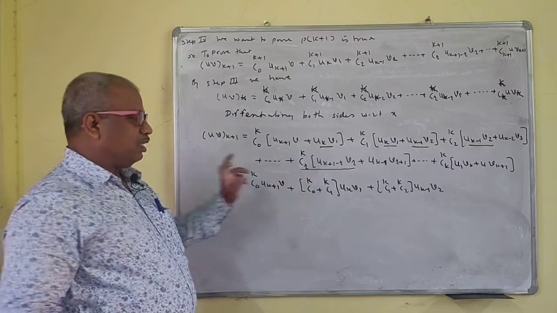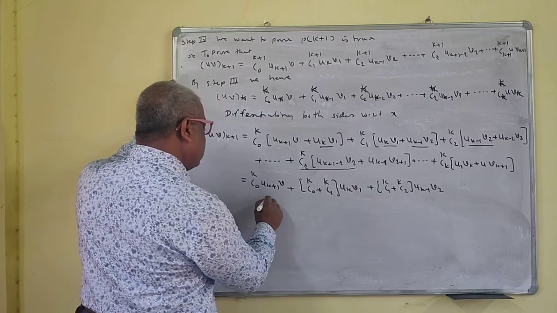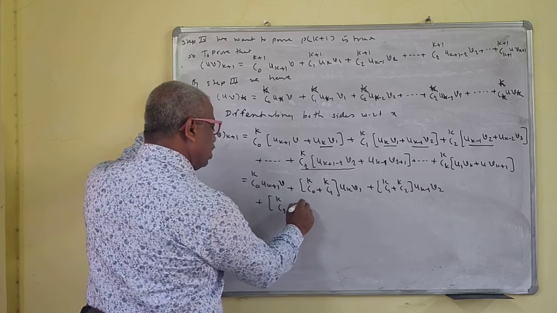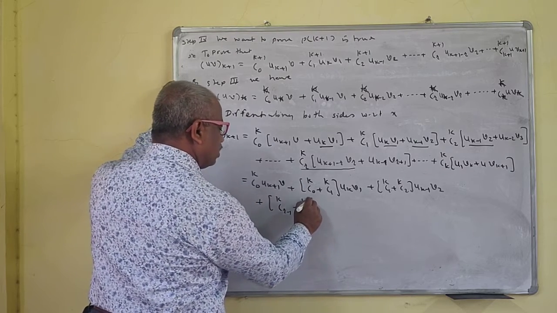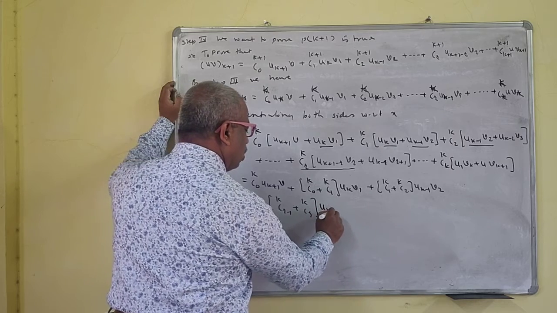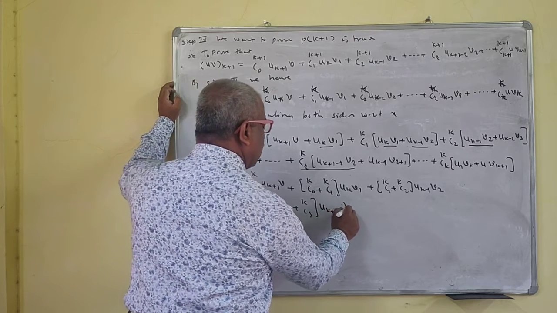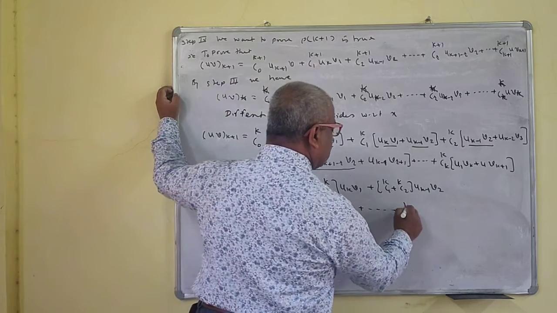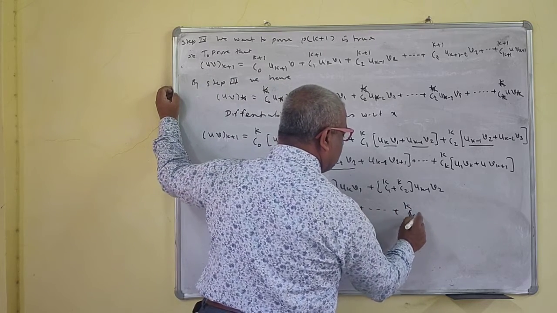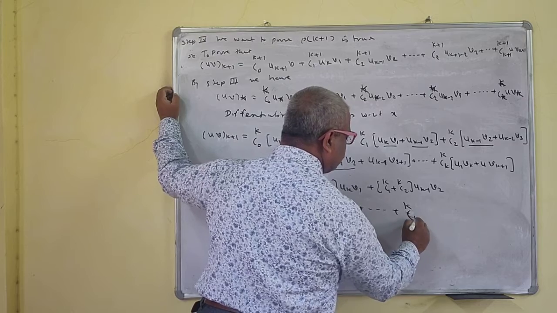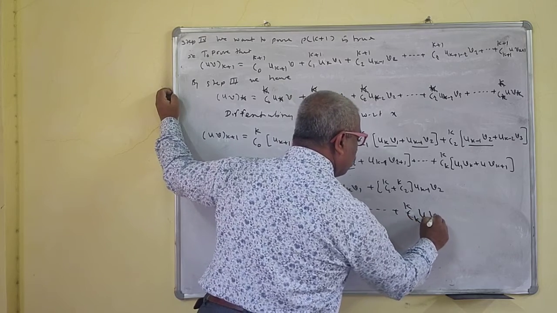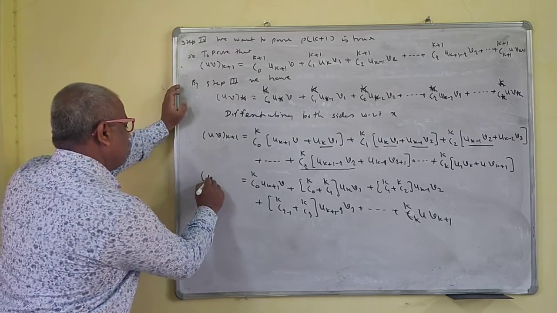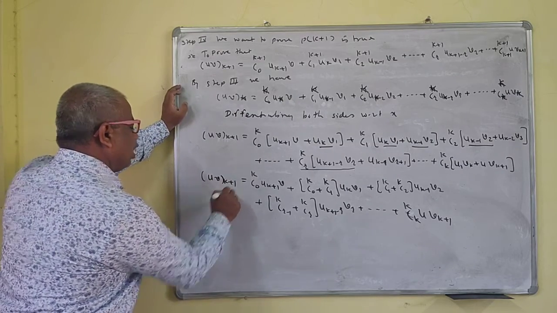So just the previous one, this will be there. The previous one is kcr minus 1 plus kcr, u k plus 1 minus r vr plus dot dot dot, and we will collect only the last term, kck u v k plus 1 only. So this is u v k plus 1.